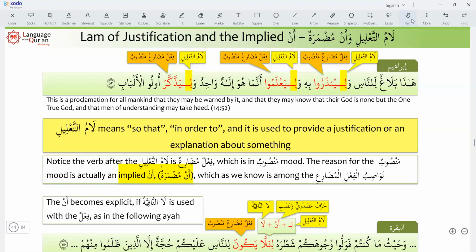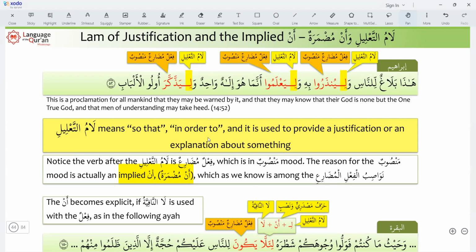Sir, Lamul Ta'lil, it is not clear. Please explain Lamul Ta'lil. What is the lamul ta'lil? Lamul ta'lil means so that, in order to, and we use it to provide a justification or an explanation about something.